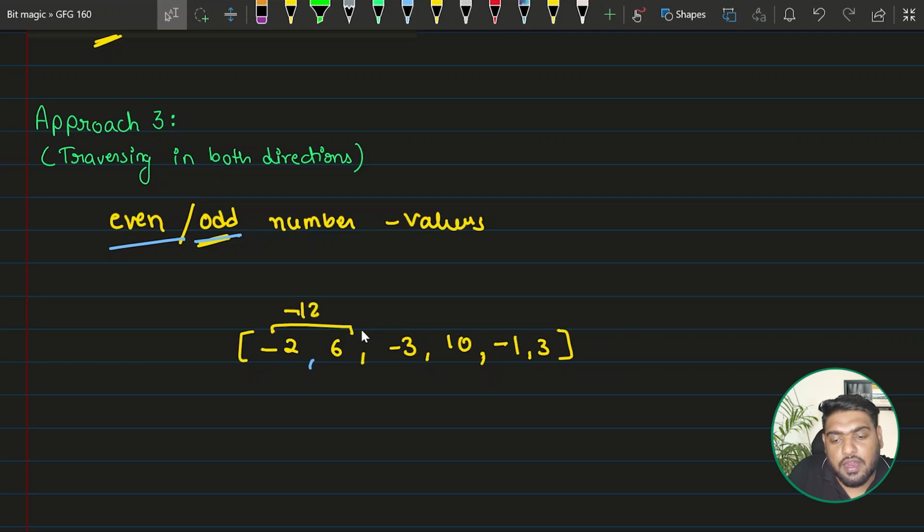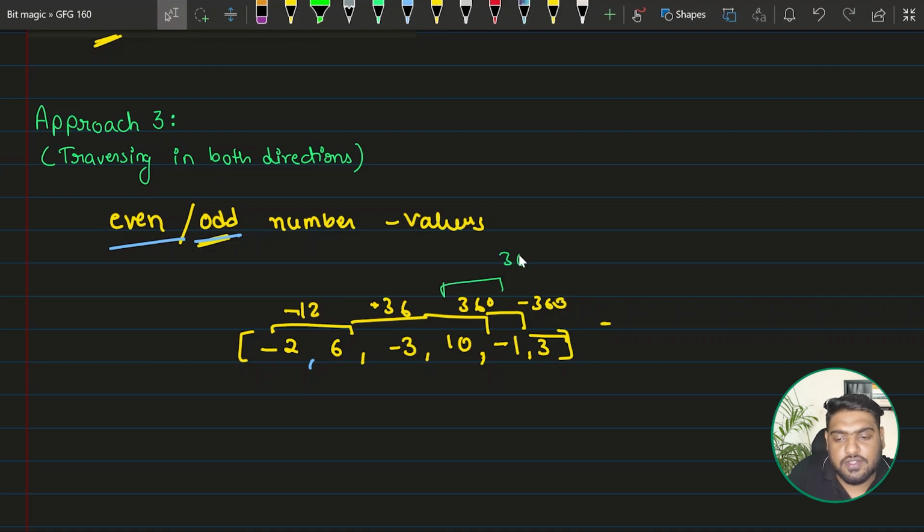Then again, it'll be 36, but of a positive sign. Then you would have 360, again of a positive sign. Then you would have -360 for this one. Then you would again multiply this with 3, correct? But the answer is going to be negative. That means a bigger negative value. So far, out of all of these, which is the biggest value that we got?